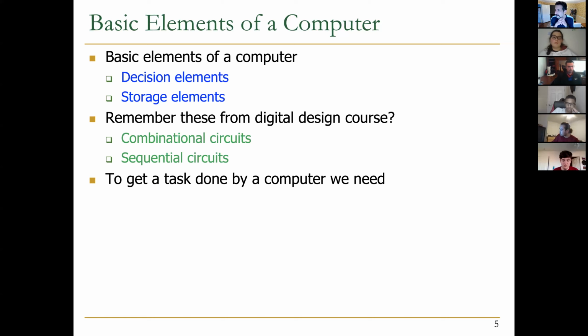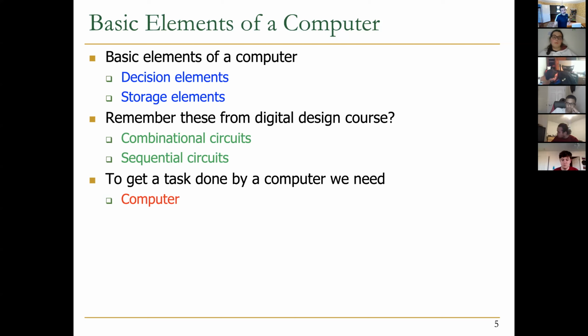And as we discussed last lecture, we need to implement a particular task for the computer. We have a problem and we want to solve this problem, so we need to write a program in order to get this task done.